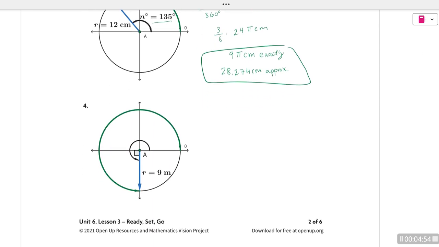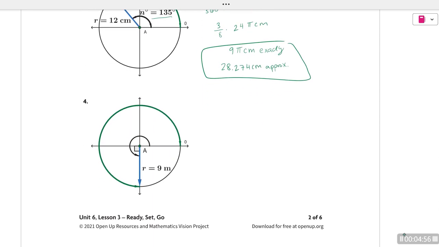Okay, question 4. This gives us the angle measure of 270 degrees. So 270 degrees divided by 360 times 2 pi, and our radius is 9 meters.